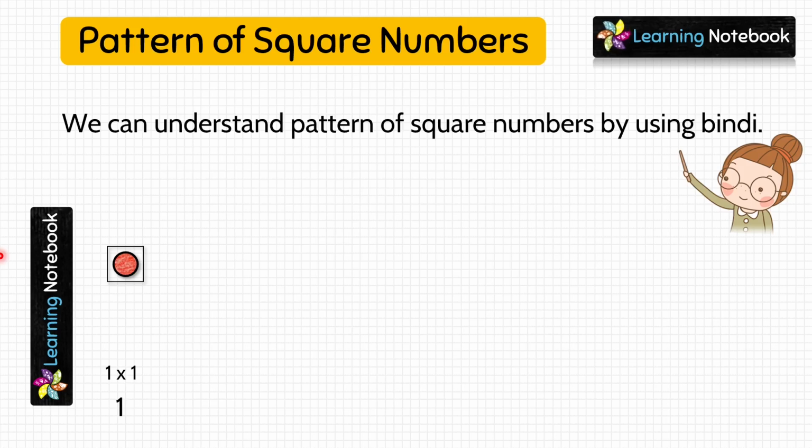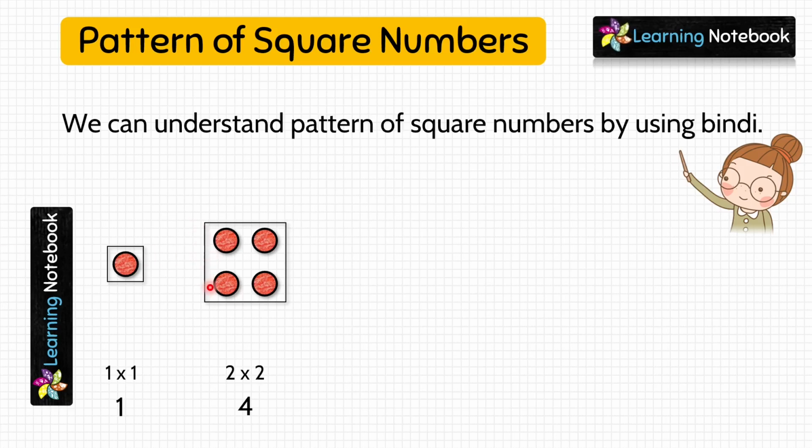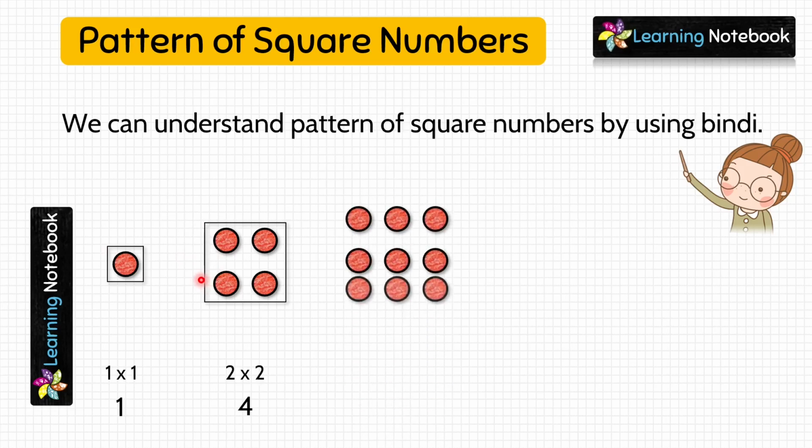Then paste 4 bindis to form a square again. So this resembles 2 into 2 equals to 4 bindis. It means 2 sets of 2 bindis. Right? Now next, let's paste 9 bindis to again form a square.